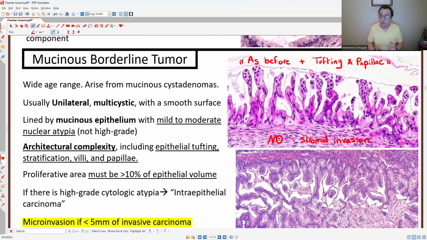Well, what about mucinous borderline tumor? Same thing. As before, I see the mucinous epithelium, benign looking or benignish looking, because it's starting to turn malignant, but still no mitosis.